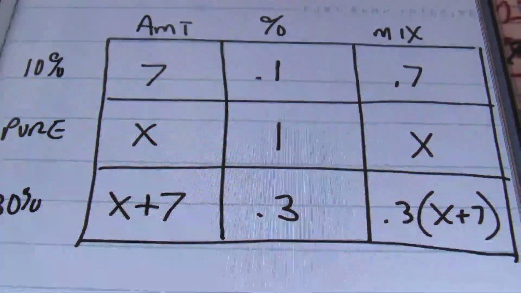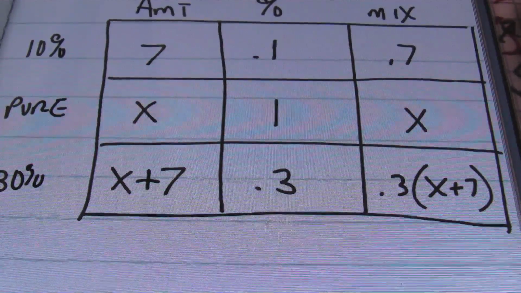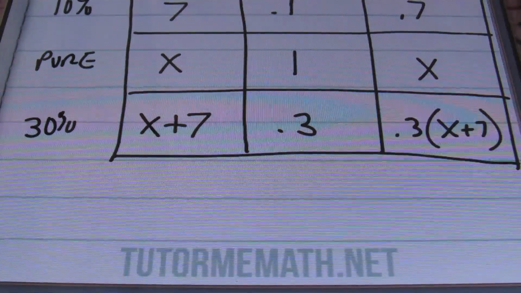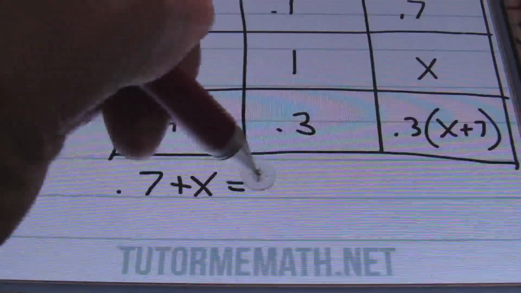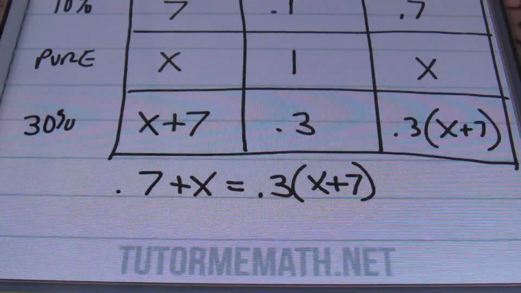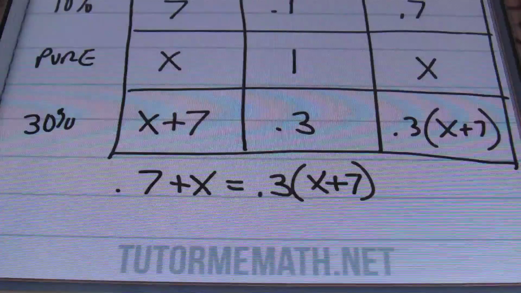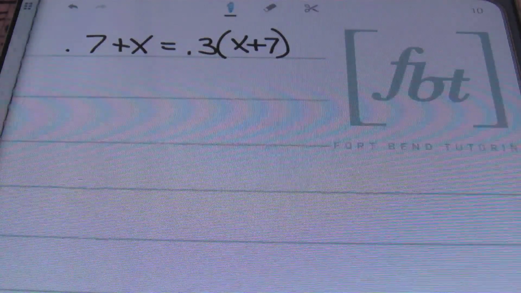It's this last column, that third column, ladies and gentlemen, that will help me create my equation. So this is going to be the result of it. I'll end up with 7/10 plus x equals 3/10 times x plus 7. And this will be the equation I need for this problem. Next, I'll be multiplying each and every term by 10 in order to get rid of the decimals.